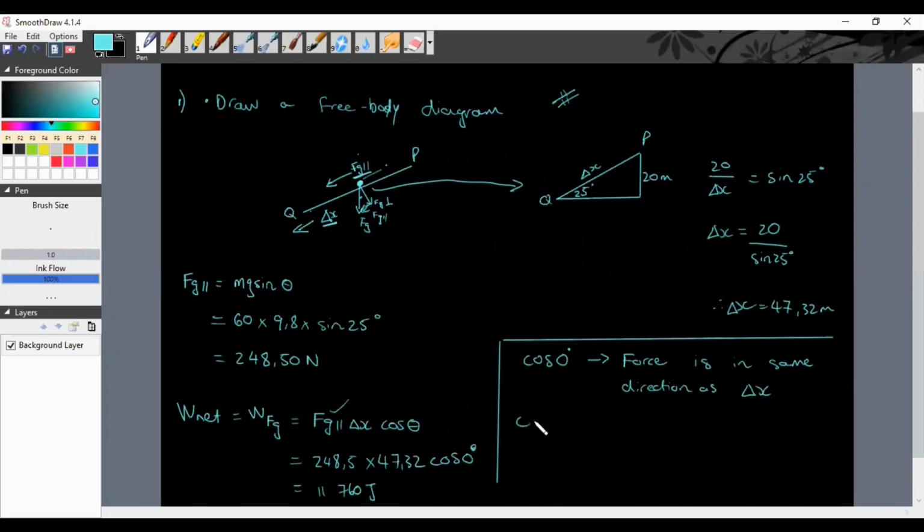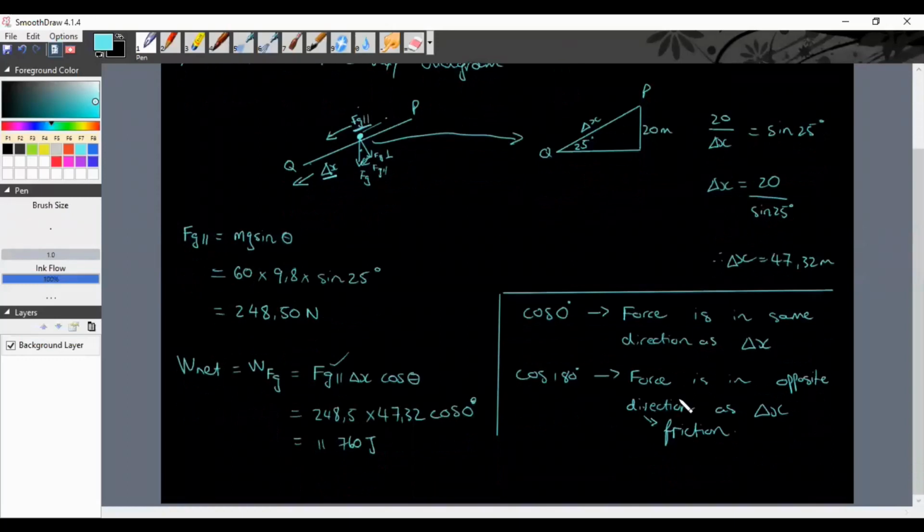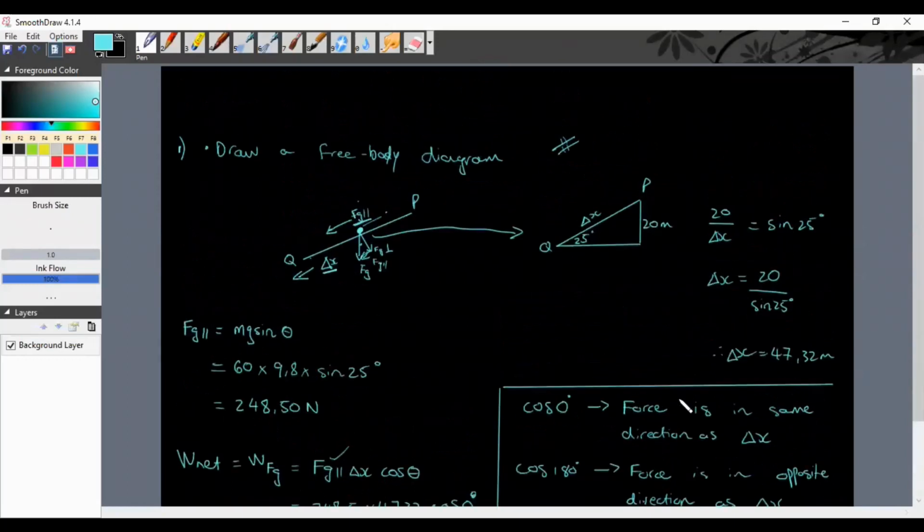When you have cos 180 degrees, that's when your force is in the opposite direction to delta x, which in this case would be friction. That was a nice little question there.